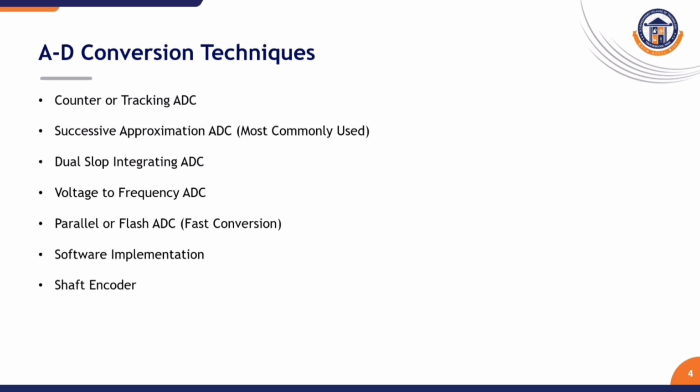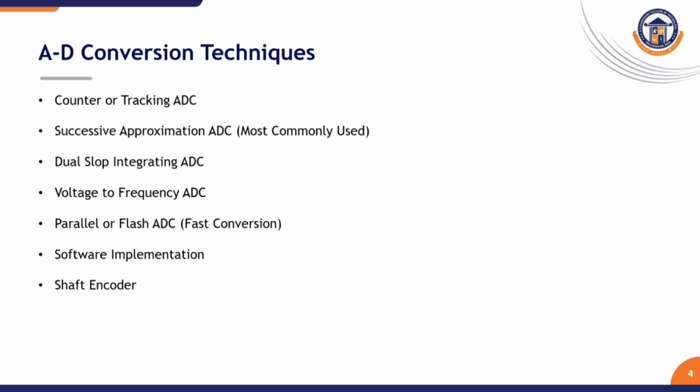Next, analog to digital conversion techniques. We have different types available to perform analog to digital conversion and each has its own characteristics, advantages as well as disadvantages. The first one is counter or tracking ADC, then successive approximation ADC, which is the most commonly used ADC. The next one is dual slope integrating ADC.